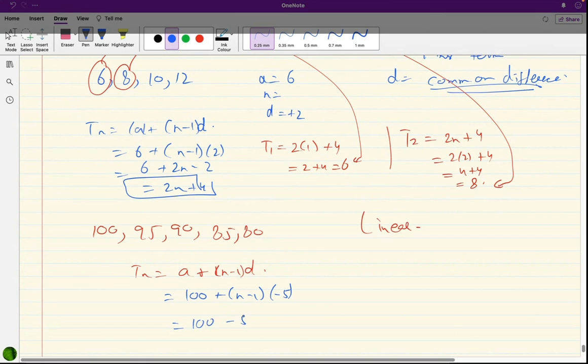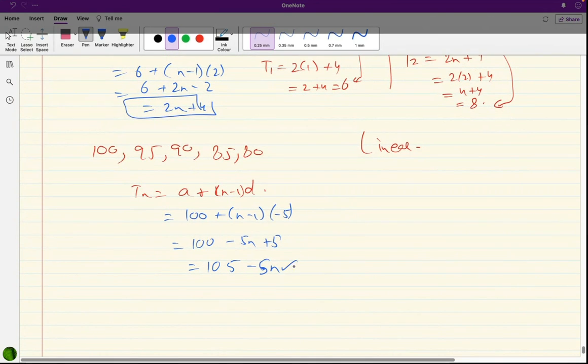So 100 minus 5n plus 5 simplifies to 105 minus 5n. Now this is already done, but we do check it in exam with any random two numbers. Let's say I'm checking for the third one. 105 minus 5 into 3 is 105 minus 15, and I get 90.